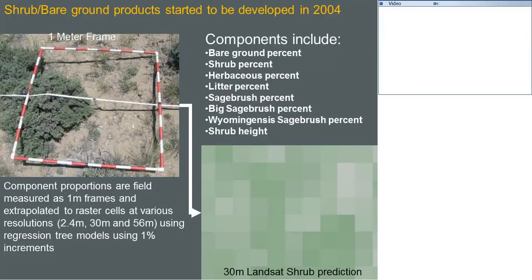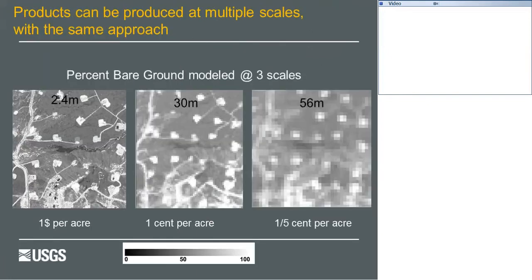So that's all there is to it. We scale up from 1 meter frames on the ground, and just like you can measure different things here, we measure those different things in the satellite. The nice thing about it is you can measure across scales. Some oil platforms in Wyoming here, you can see a 2.4 meter frame or satellite pixel scale.